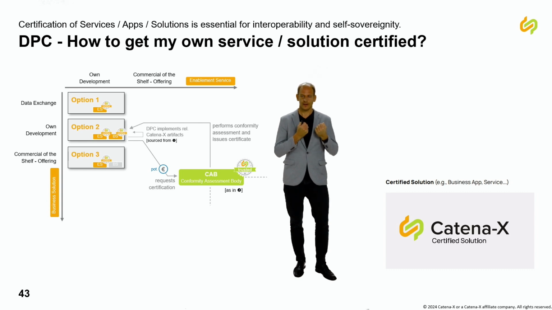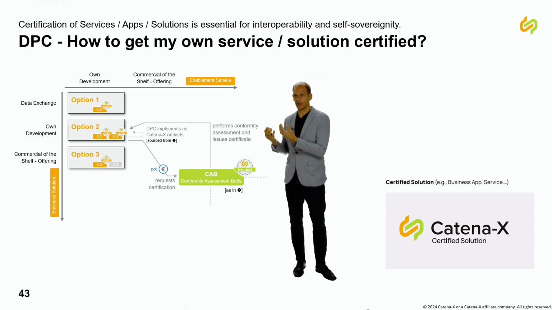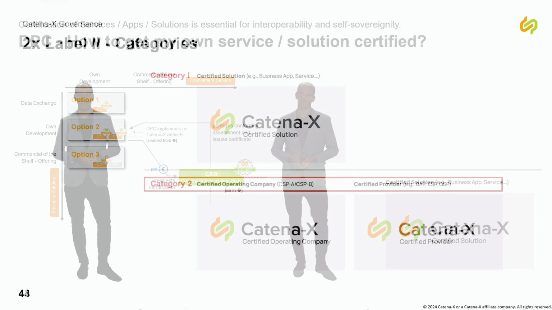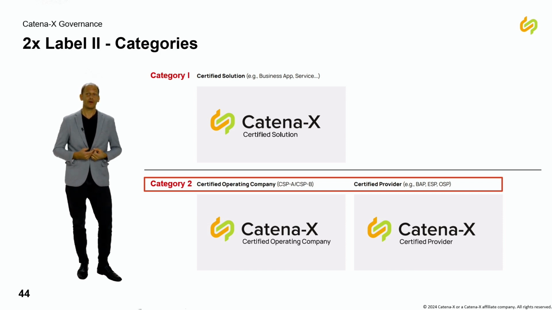You took the information from the Tractus-X and the normative documents and you implemented your own application. Still, you have to go to the conformity assessment body, the CAB, get your certificate, prove the conformity, and then you can use it. Now, let's look at the second category, the certified operating company and the certified data provider.